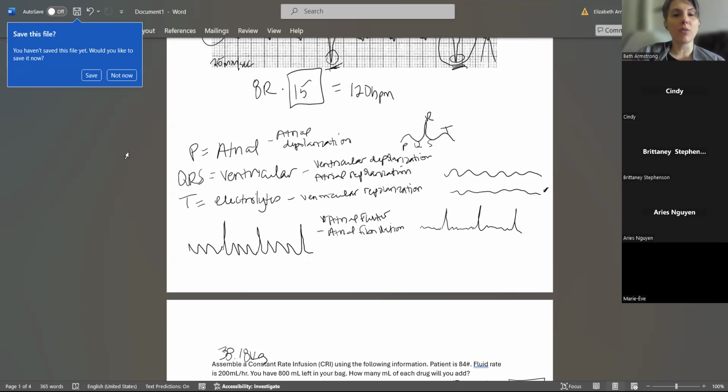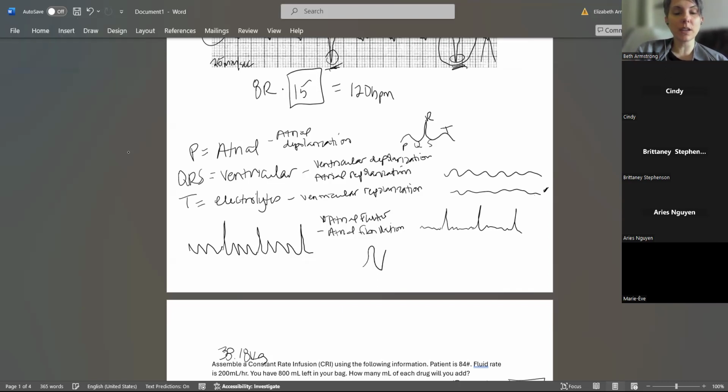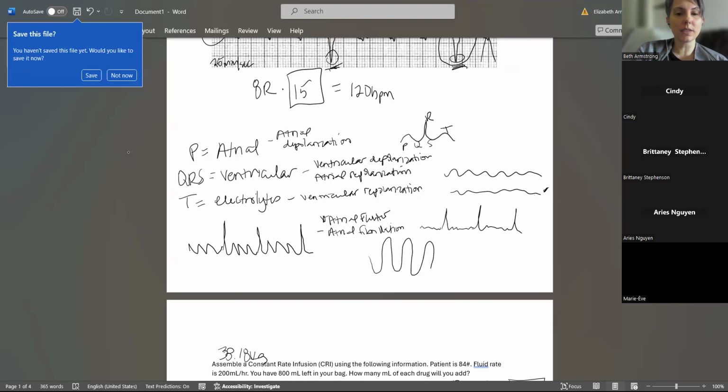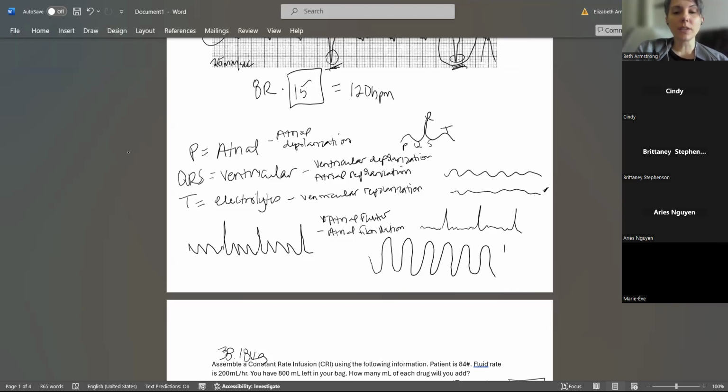Now, when we talk about ventricular issues, first you'll see VTAC. So you'll see all those VPCs coming in. They'll look like this. That's first.